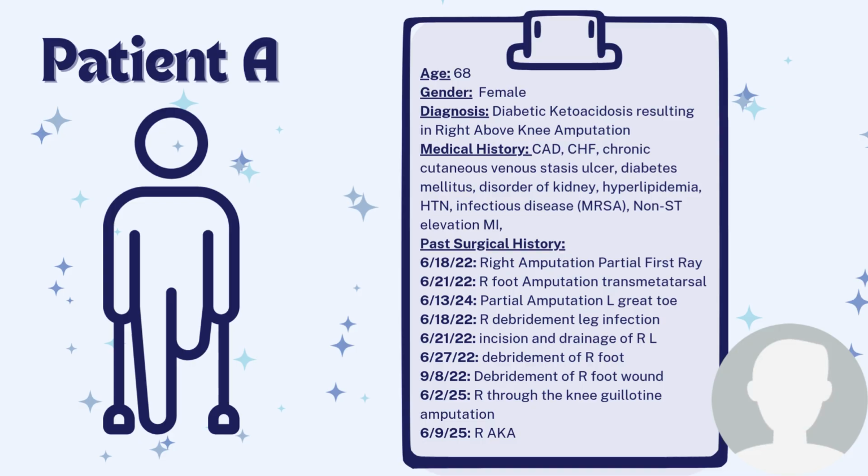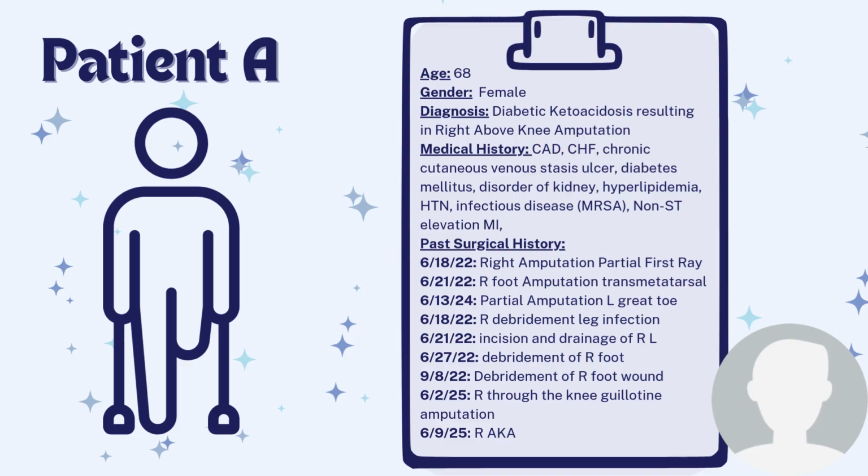Her past surgical history, which led her to today, from 2022 into 2025, she underwent a right amputation, partial first ray, right foot amputation transmetatarsal, and then a right debridement leg infection, incision and drainage of the right lower extremity, debridement of the right foot, debridement of the right foot wound, a partial amputation of the left great toe.